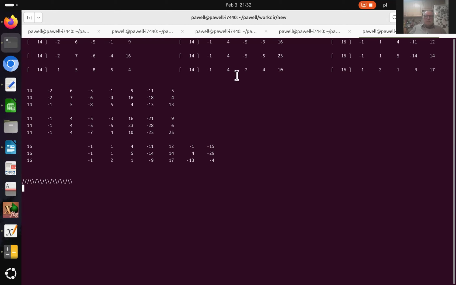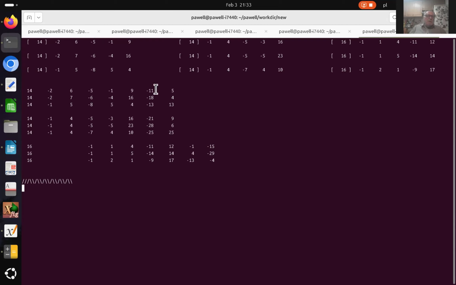Now, what does it mean that it's the image? That's a 3x3 matrix, and the entries of the matrix are polynomials, and they are too large to put on the screen, so they are cut at some point. So at position 1,1 in the matrix, you have -2 times t to the power 14 plus 6 times t to the power 15 minus 5 times t to the power 16, and so on.